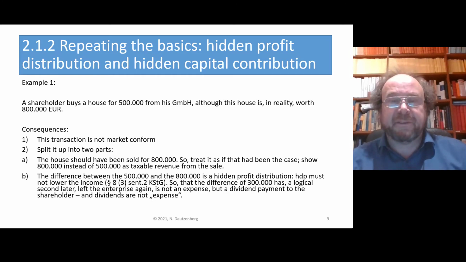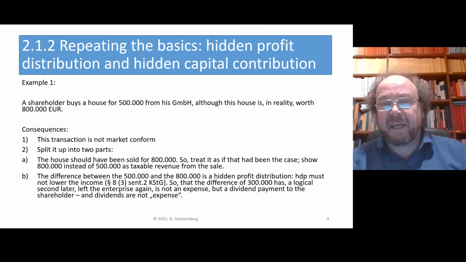The hidden profit distribution must be treated in a way that it does not lower the income. You find that in section 8, paragraph 3, sentence 2 of the German KStG, so Corporation Tax Act. So that difference of 300,000, that we took less than 800,000, must not lower the measuring of the income.